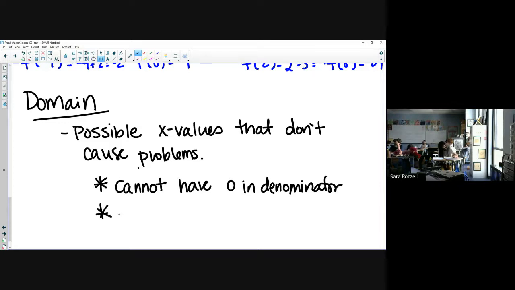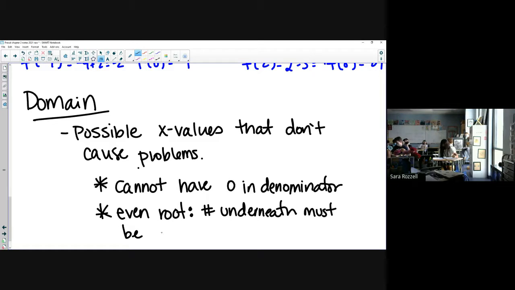And even roots, like a square root or a fourth root, the number underneath the root must be greater than or equal to 0. It cannot be negative. So we cannot have a 0 in the denominator, so we're going to see what makes it 0. We'll say we can't have that.